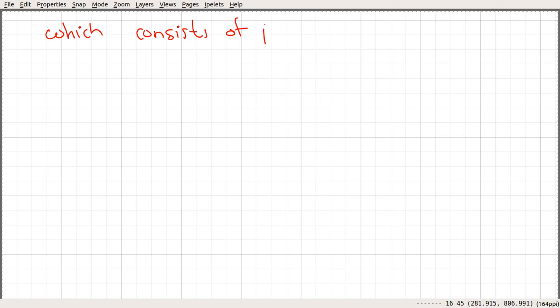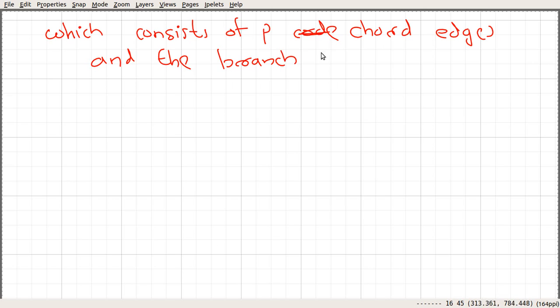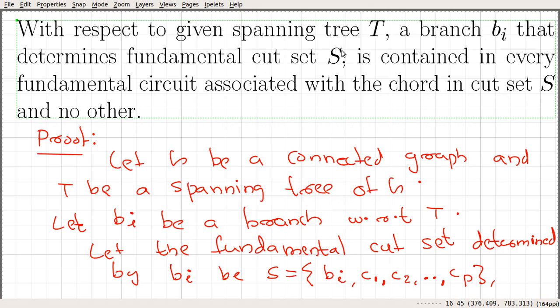Next we are going to look at the fundamental circuit determined by each Ci, and we know that every chord uniquely determines a fundamental circuit. So C1 uniquely determines a fundamental circuit, similarly with C2 up to CP.